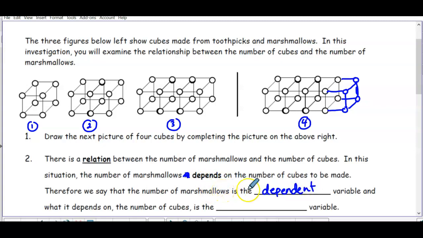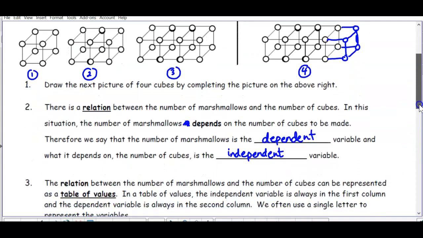If you don't know how many cubes, you don't know how many marshmallows. And what it depends on, the number of cubes, is the independent variable. So you may have learned those words before in this context, but they might be new to you, and we will use them throughout high school math.